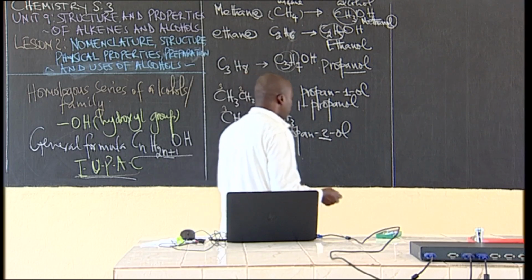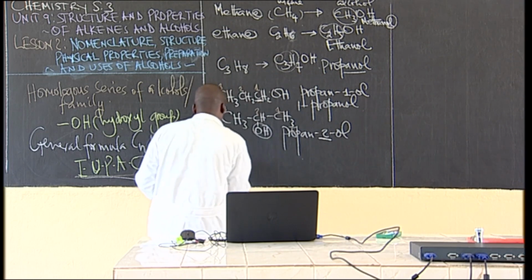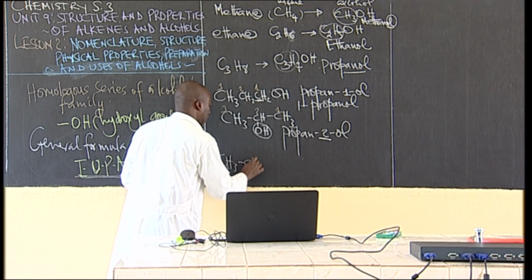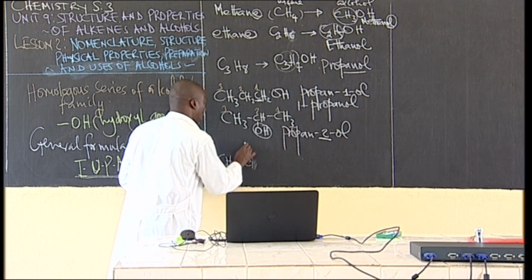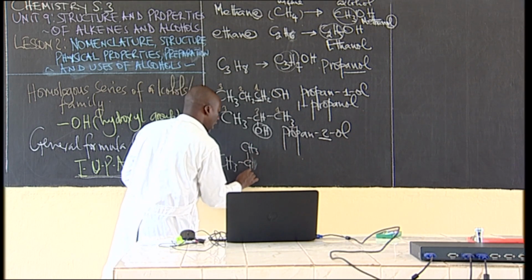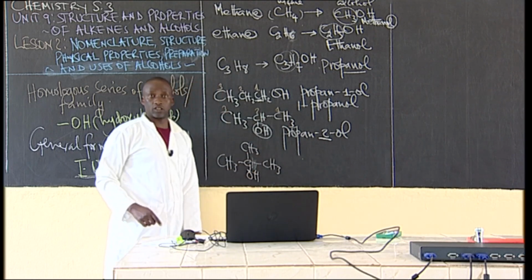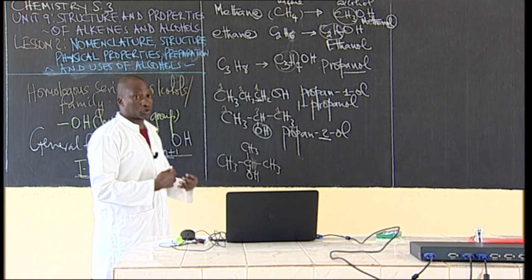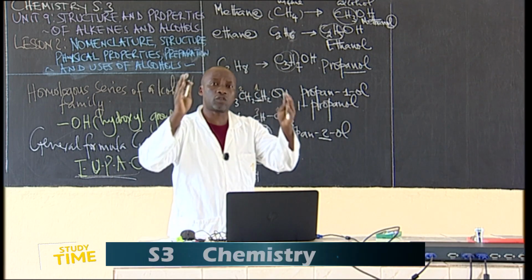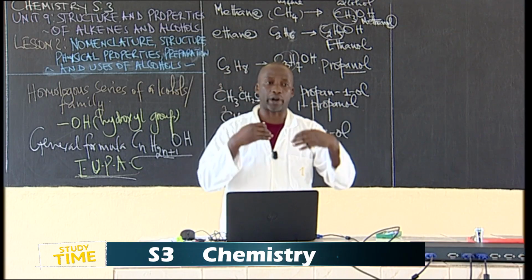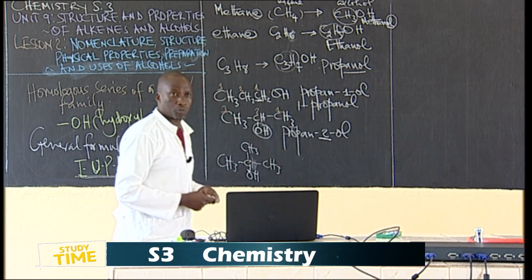We may have another one, maybe CH3, CH, CH3, and we may even have a branch, CH3, like this. What you do is choose the longest chain. The rules of naming alkanes still apply even in other compounds.